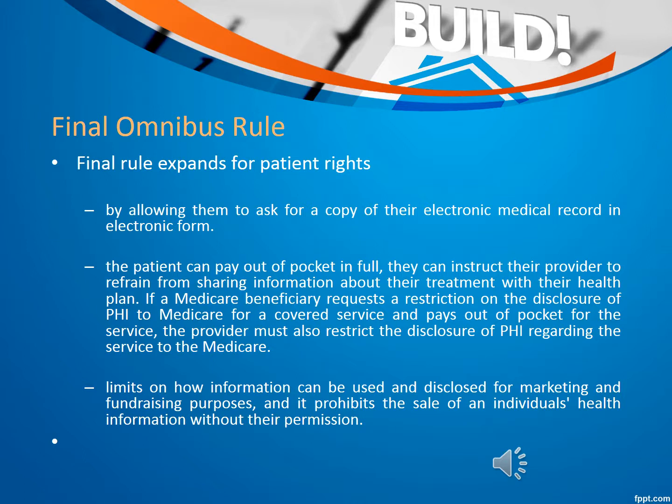If a Medicare beneficiary requests a restriction on the disclosure of PHI to Medicare for a covered service and pays out of pocket for the service, the provider must also restrict the disclosure of PHI regarding the service to Medicare. It limits how information can be used and disclosed for marketing and fundraising purposes. It also prohibits the sale of individuals' health information without their permission.